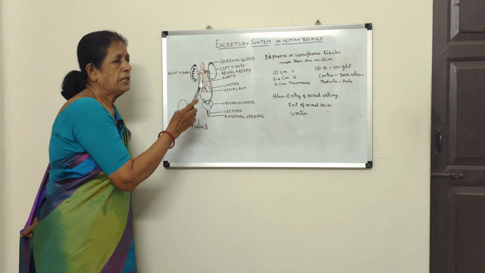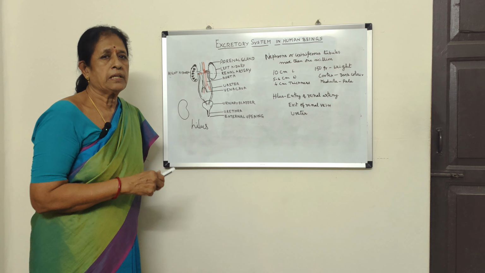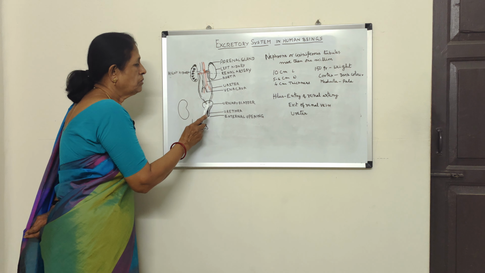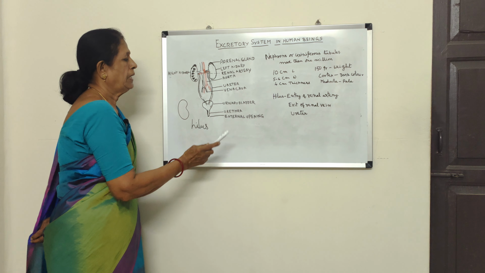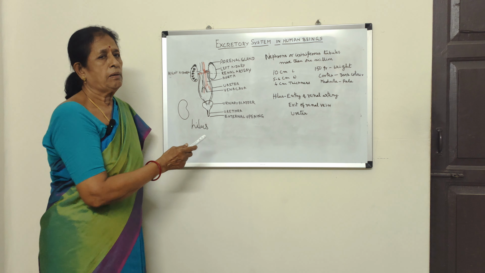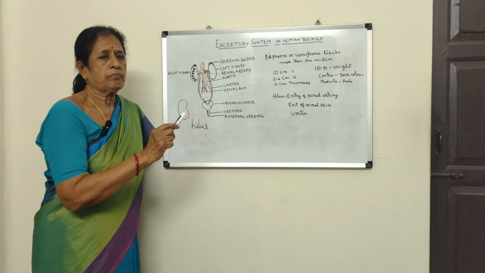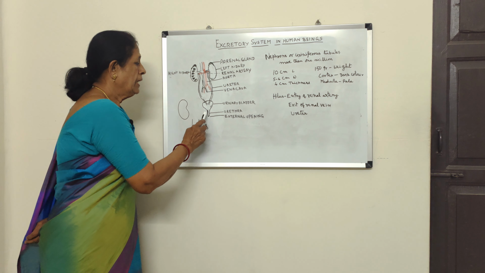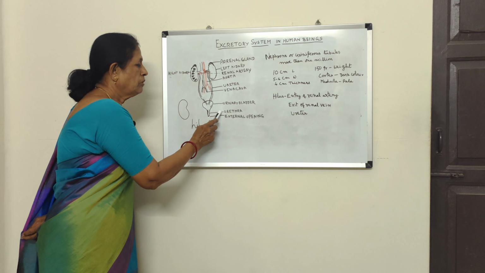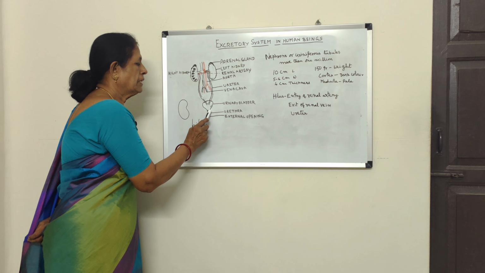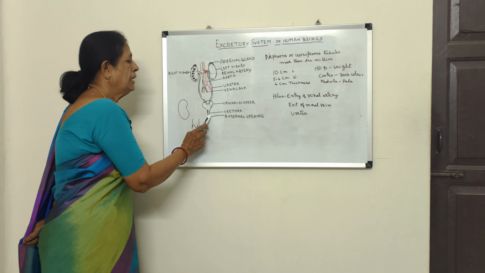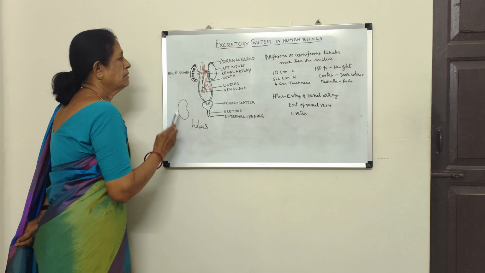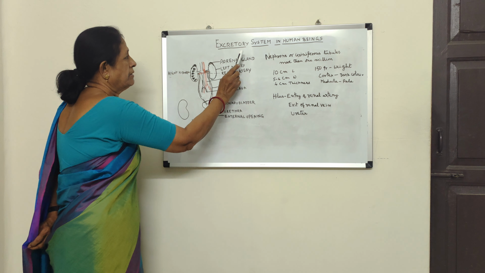In the kidneys blood is filtered and waste materials pass through the ureter, which opens into the urinary bladder. In the urinary bladder, urine is stored temporarily, and then it passes through the urethra, a tube-like structure, a continuation of the urinary bladder, which opens outside through an external opening. So this is the excretory system.